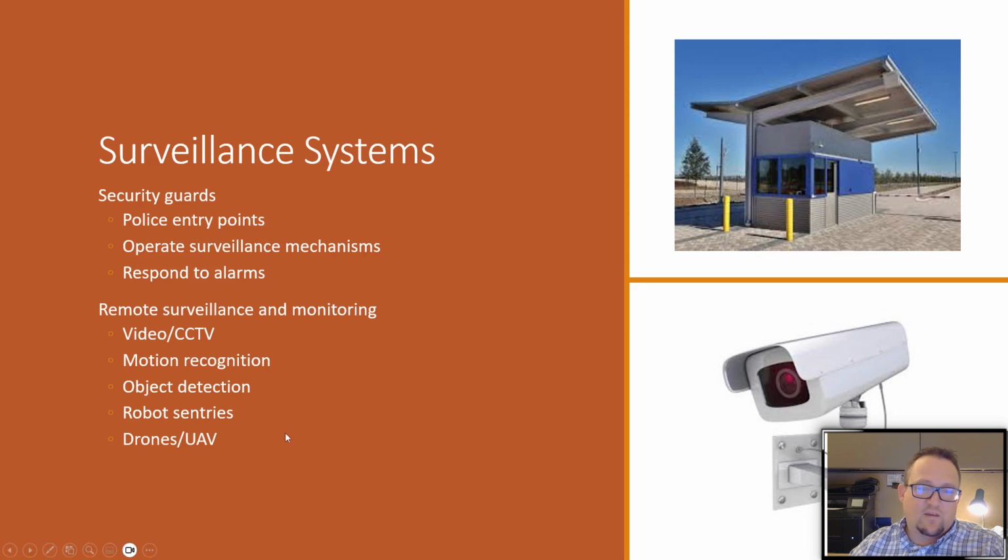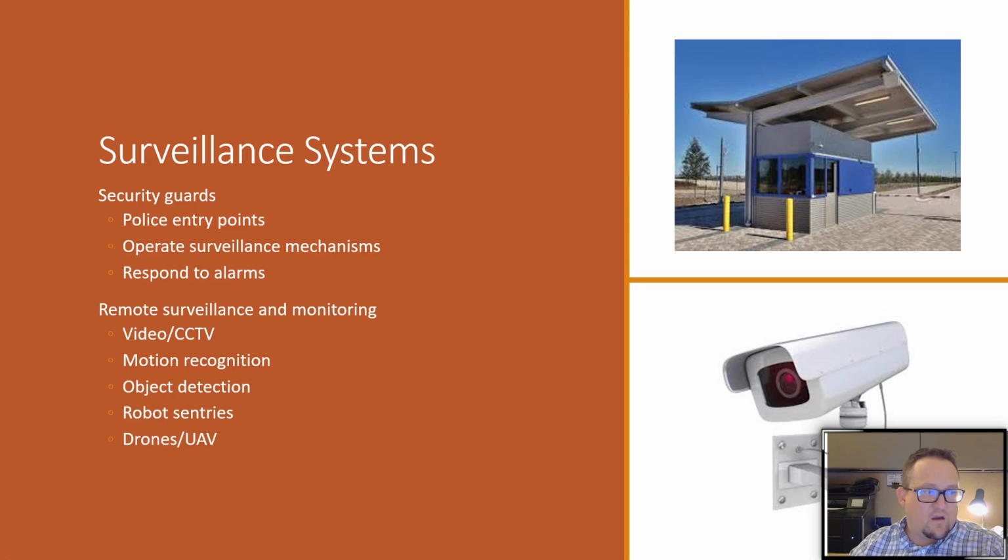You'll see these come in different forms and fashions. Robot sentries are starting to get more popular. You'll start seeing drones flying around. You'll see object detection, which a lot of times says motion detection or motion recognition now with AI. A lot of places just do CCTV and video cameras.